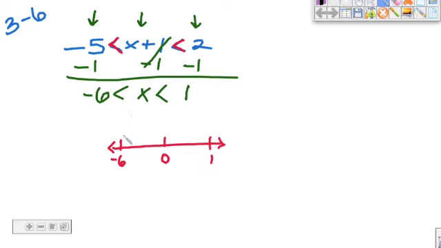They're not equal to. So I'm going to put a circle here and a circle here. This means the answer falls between these points. It could be any of these numbers in between these points. It could be all of the numbers in between these points. You're going to get a range type answer. And that's it. That's how you would solve that problem.